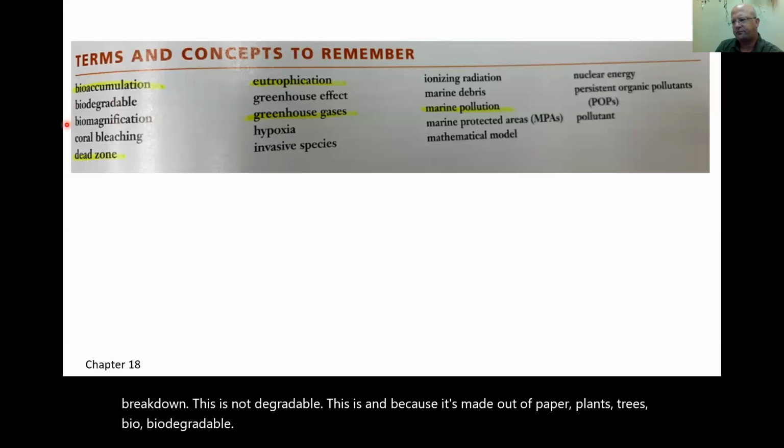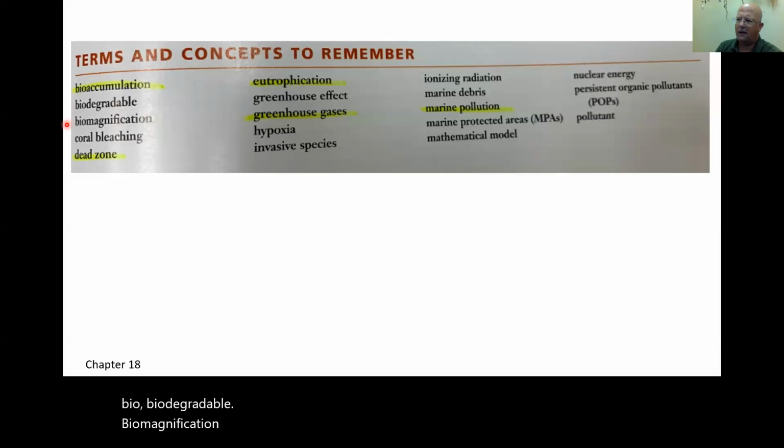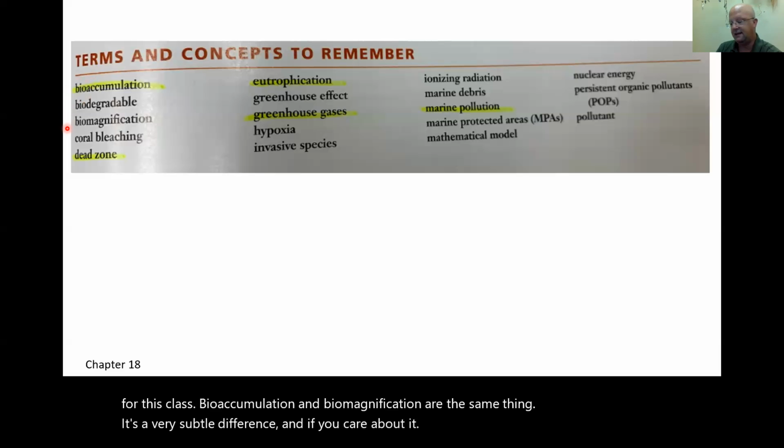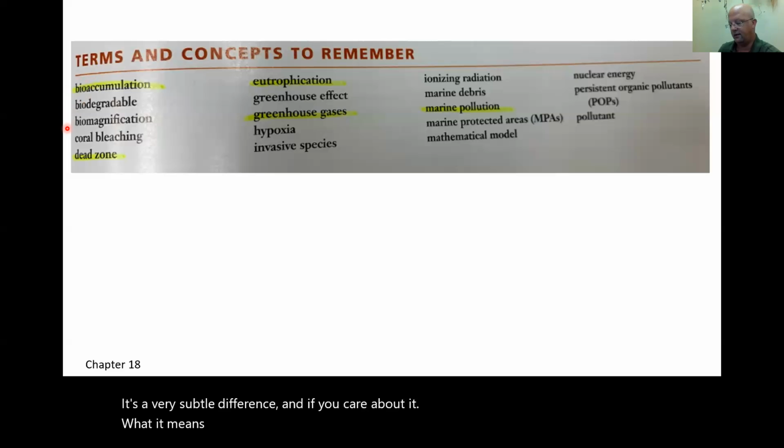Biomagnification. For this class, bioaccumulation and biomagnification are the same thing. It's a very subtle difference. And if you care about it, I'll use plastics as an example. In a little fish, there might be 10 pieces of plastic.